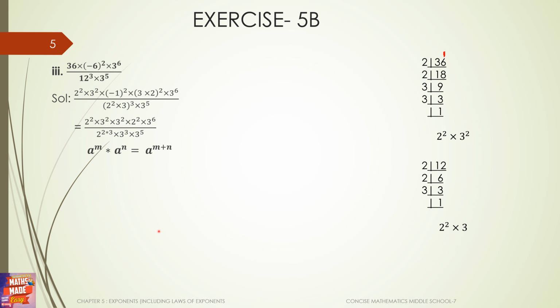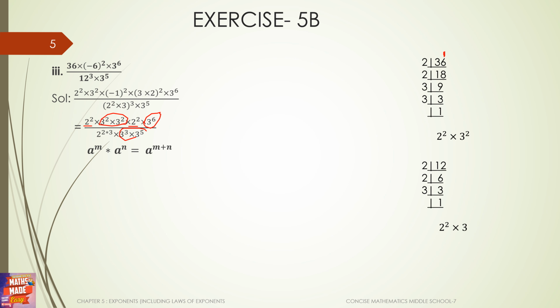Now it is in the form of a to the power of m into a to the power of n is equal to a to the power of m plus n. That is, I am going to consider it for base 2 and base 3. I am going to apply the formula for all the terms with equal bases.